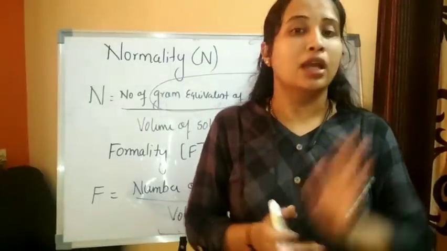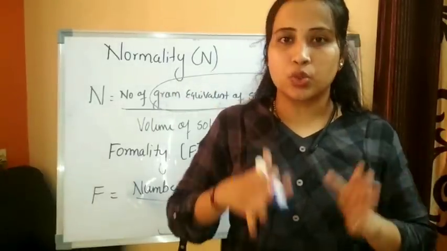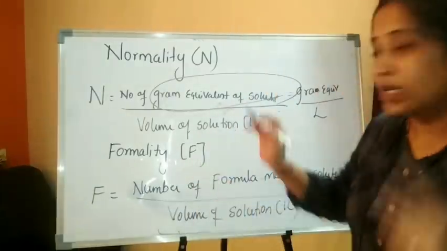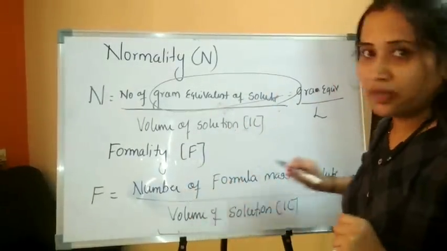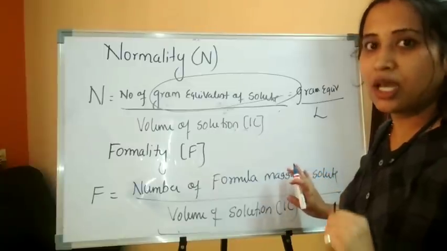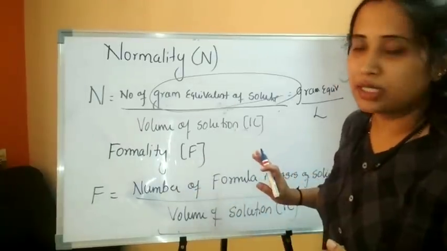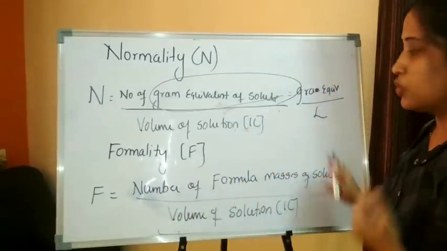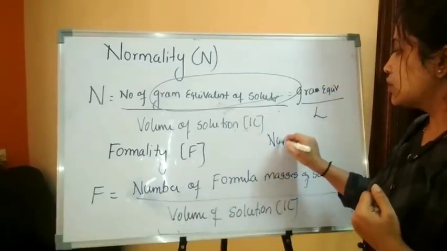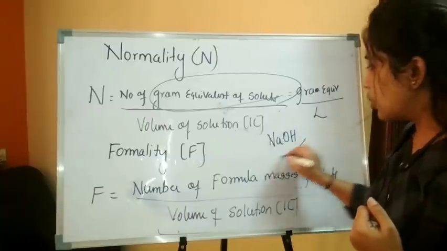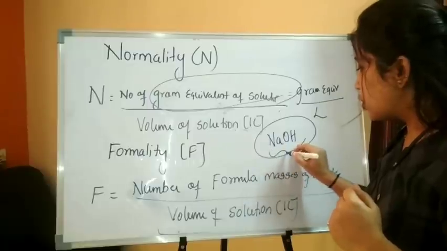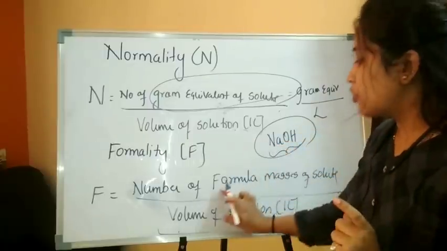There we took the number of moles of the solute, which is nothing but its molar mass, and here the number of formula masses of the solute. For example, if I take sodium hydroxide, I am going to consider its formula, and the sum of the atomic masses will give the formula mass.